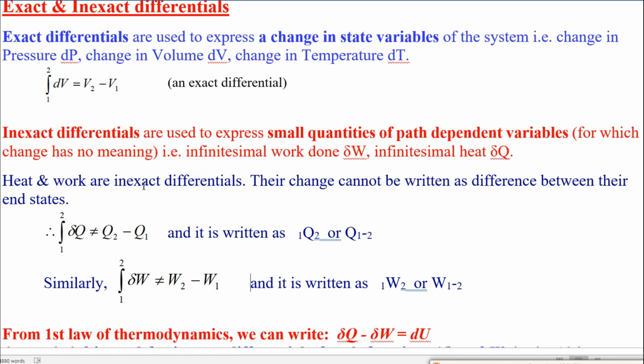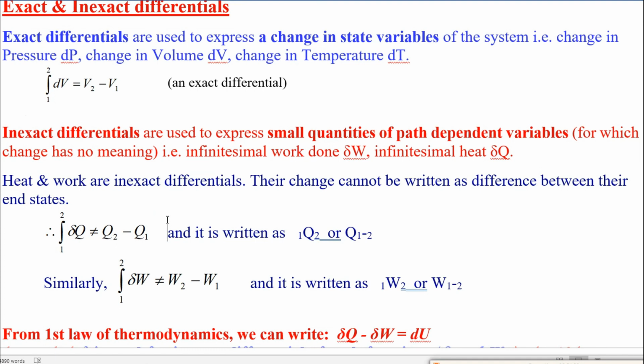Heat and work are inexact differentials. Their change cannot be written as a difference between their end states. In this case, for del Q we cannot write Q2 minus Q1, because Q is not dependent upon the point 2.